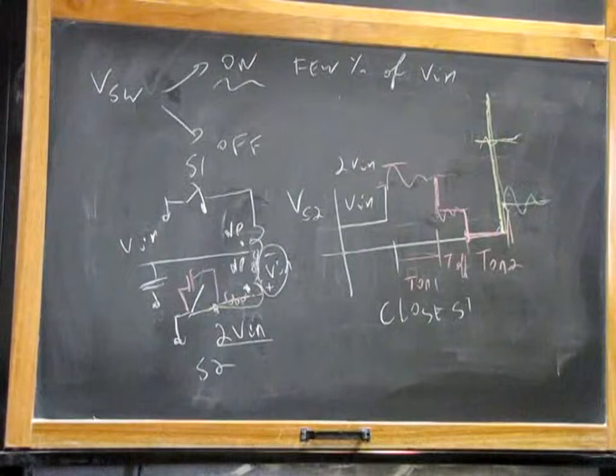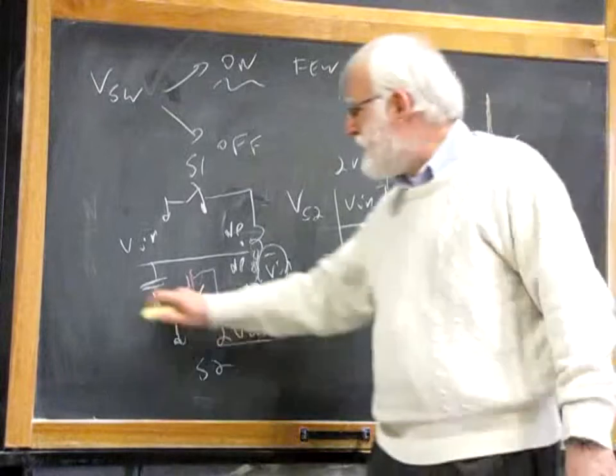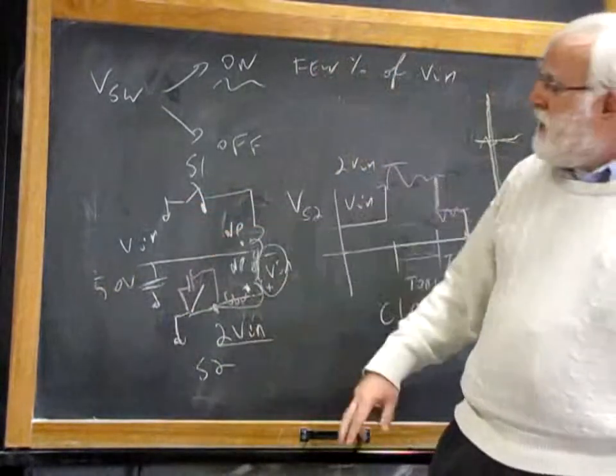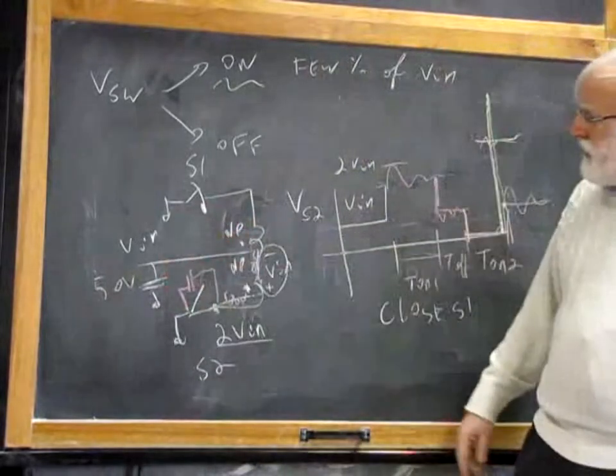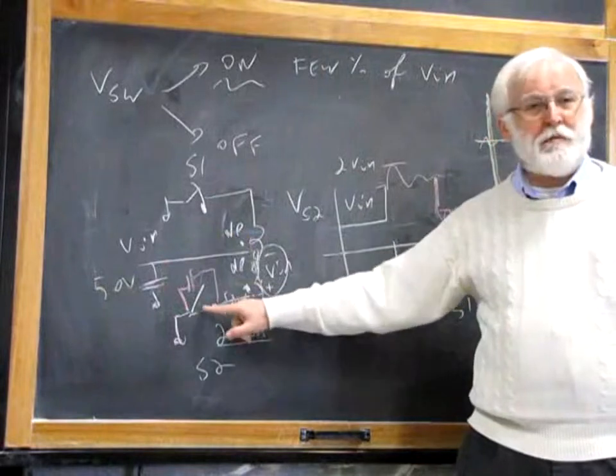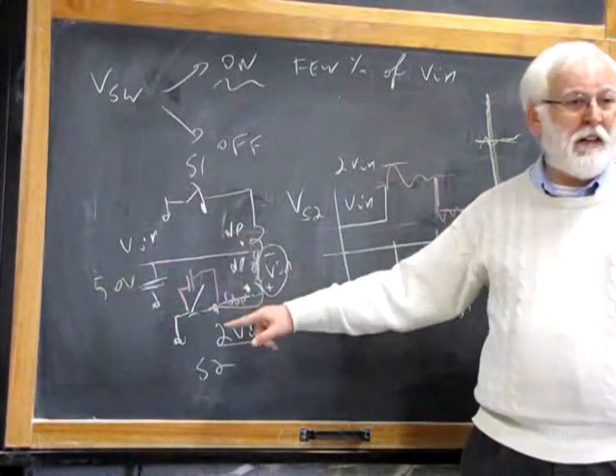A few months ago, there was a design of this kind of converter. It was a 2.5 kilowatt converter starting from 50 volts in. So if you have a 50 volt input voltage, the maximum stress that you expect from these switches is 100 volts.